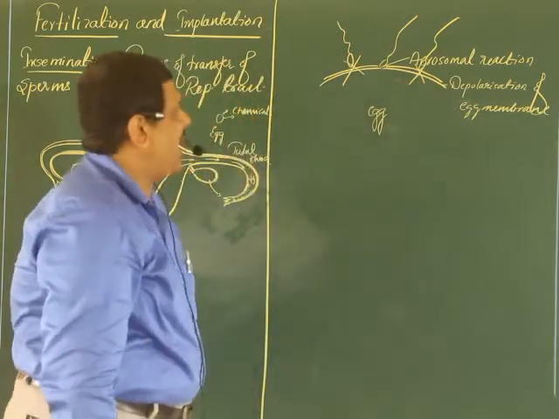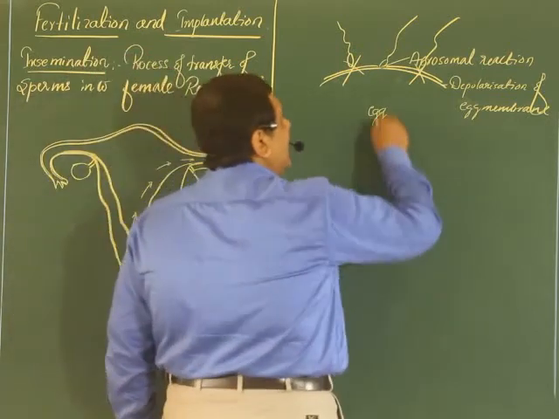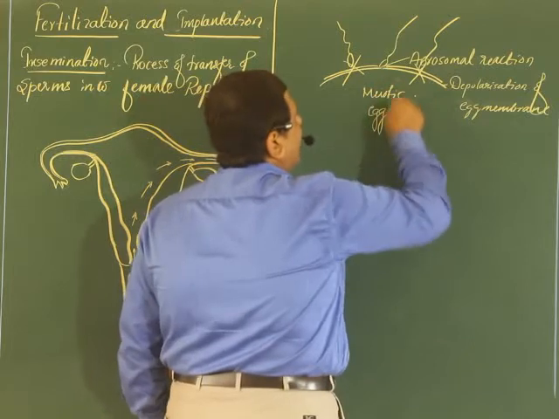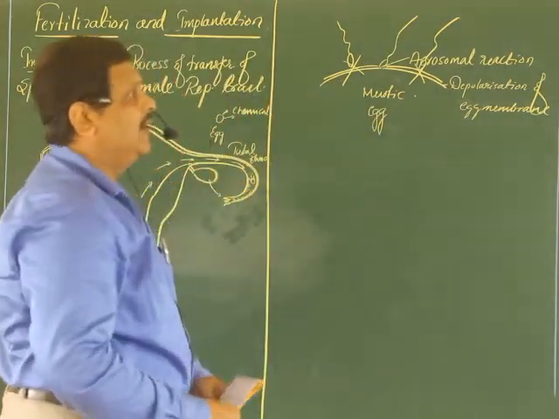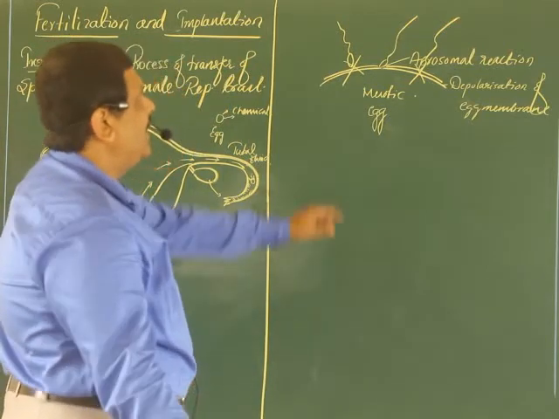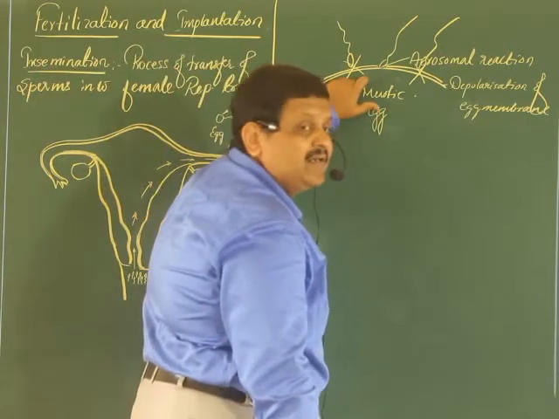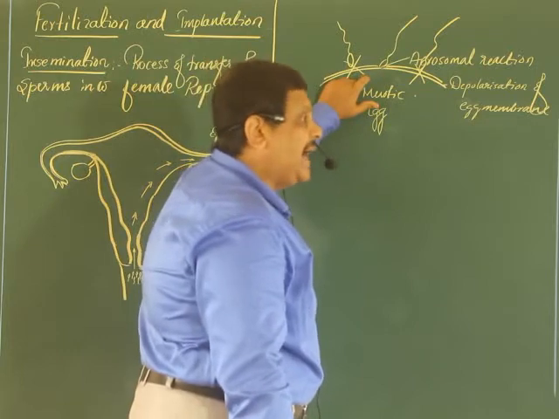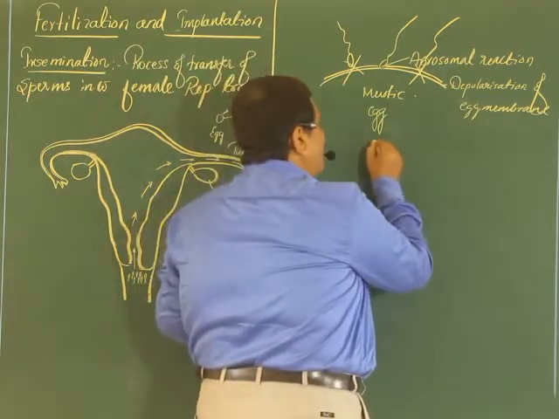At the same time, when the sperm touches the egg surface, the meiotic division of the egg, which you remember had been stopped, will continue. Due to that, polar bodies are produced along with the ovum.